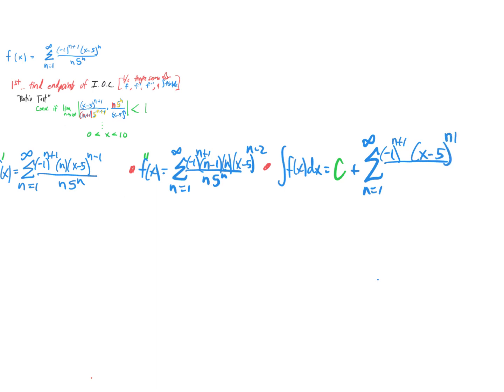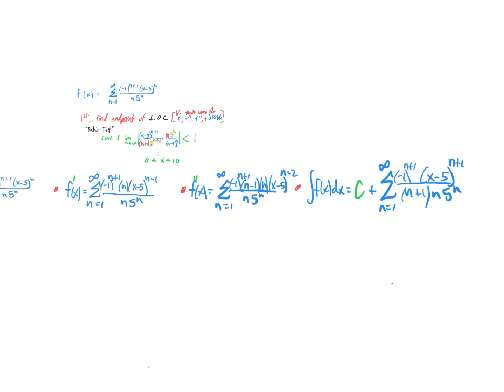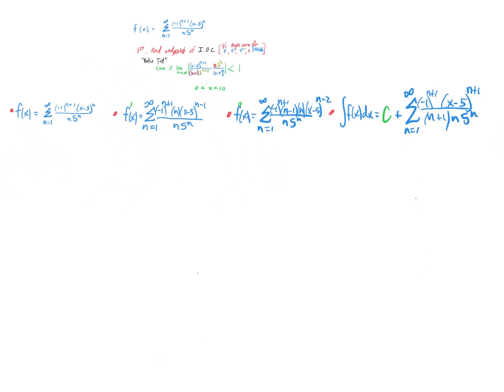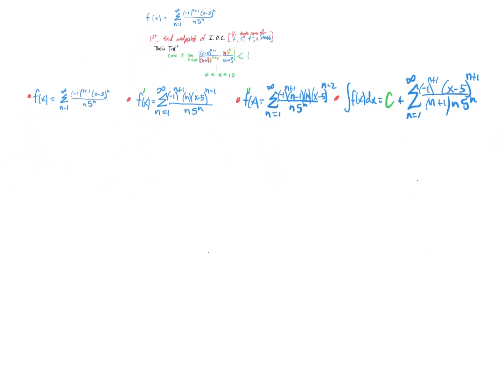Which means if you went backwards and took the derivative, you would have n plus 1 times x minus 5 to the nth. And we need that n plus 1 to factor out because it's not in the numerator. So the constant n, 5 to the n, is still down there. And now we have our series for f, f prime, f double prime, and the antiderivative.